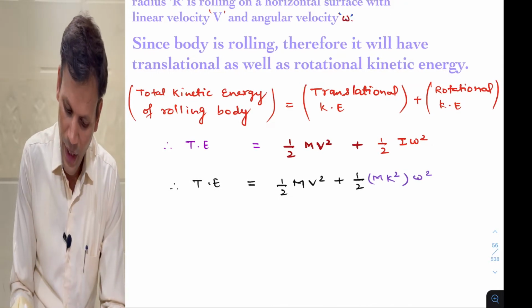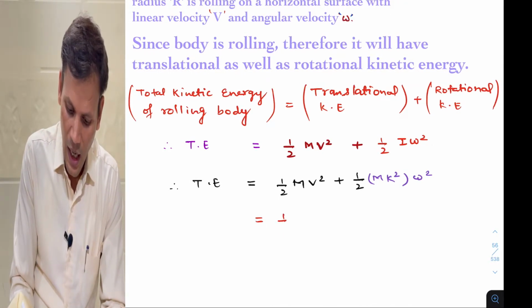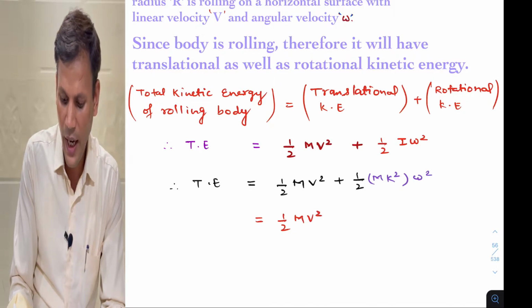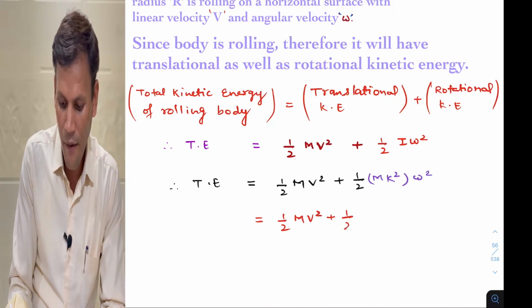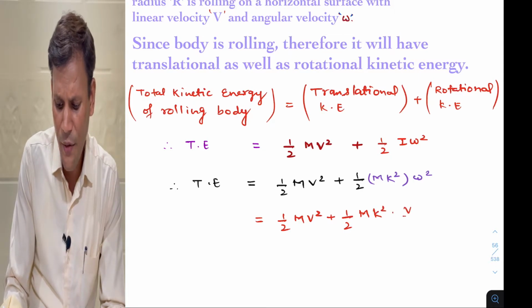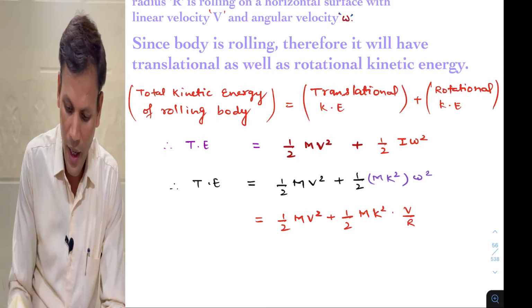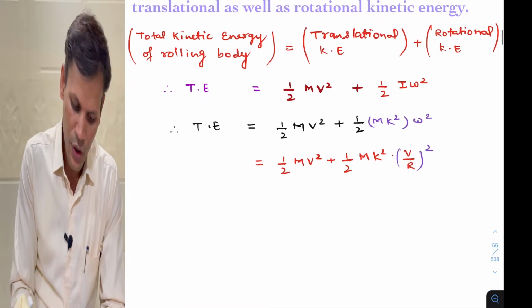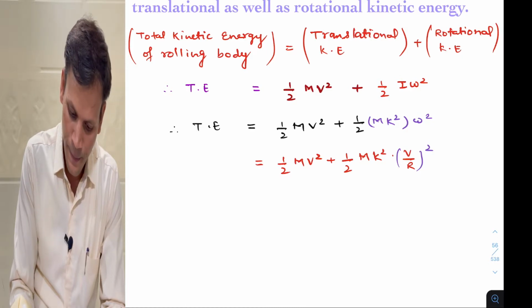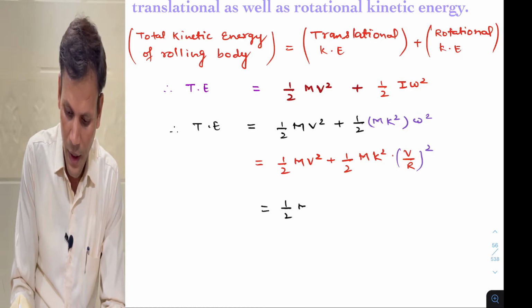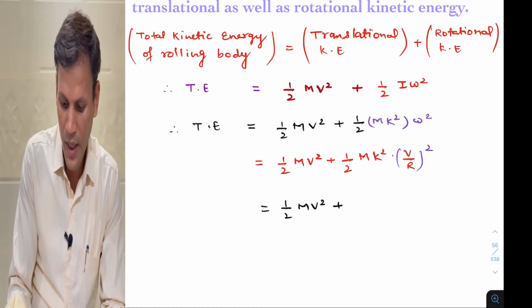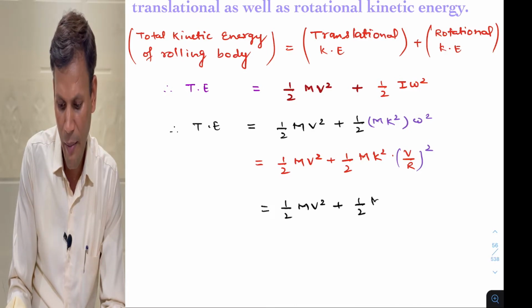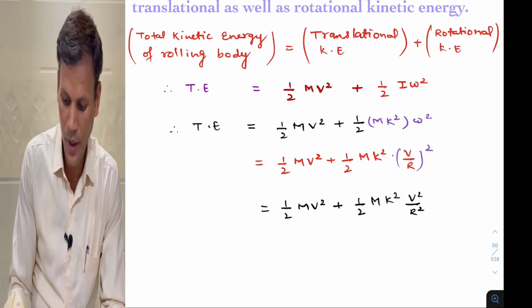So we can write it further as half mv square plus half mk square, and omega is v by r, squared. So we can write it further as half mv square plus half mk square v square by r square.